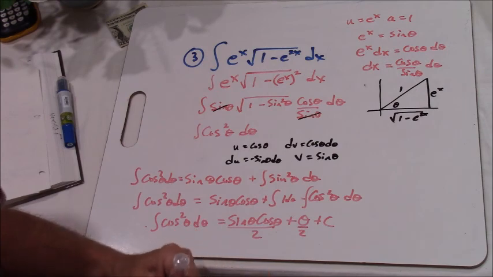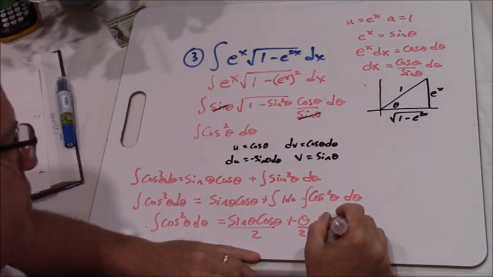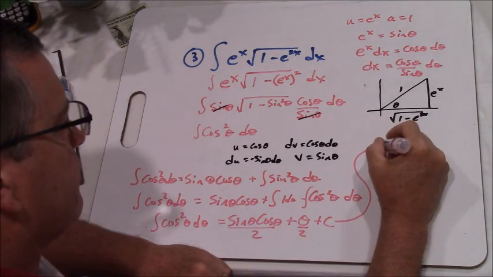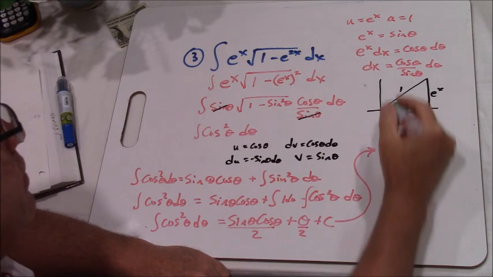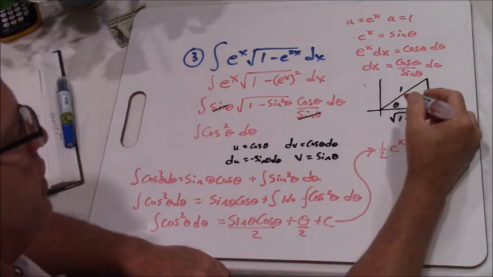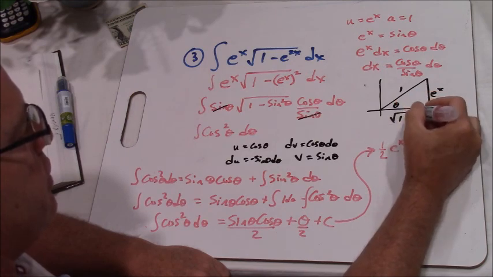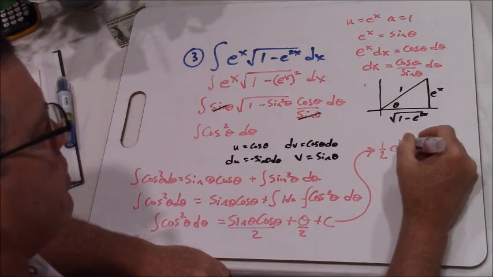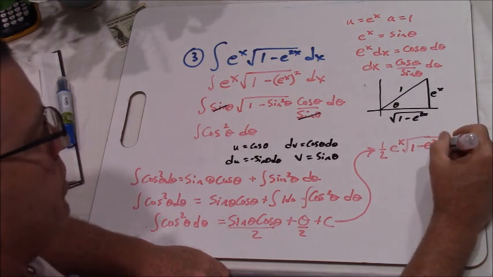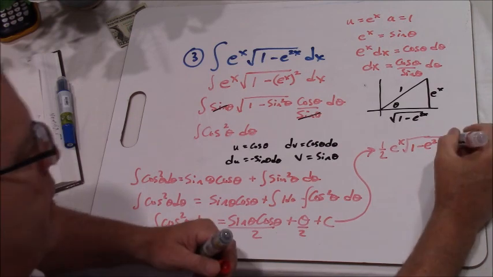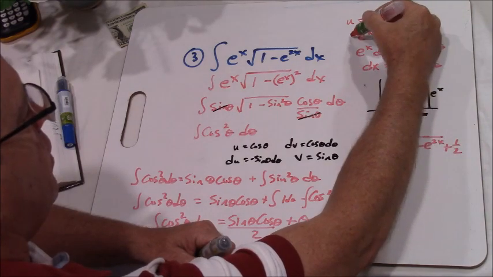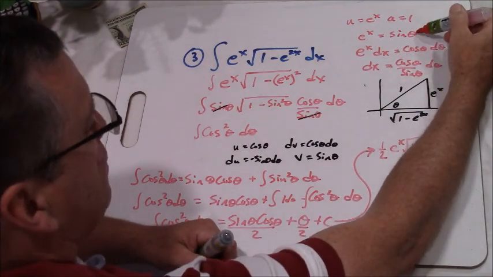And so now we can start putting that stuff back in. So I've got 1/2. Sine of theta is just e to the x. Cosine theta is adjacent over hypotenuse, root of 1 minus e to the 2x, plus 1/2 times theta, which is going to be the arc sine of e to the x.